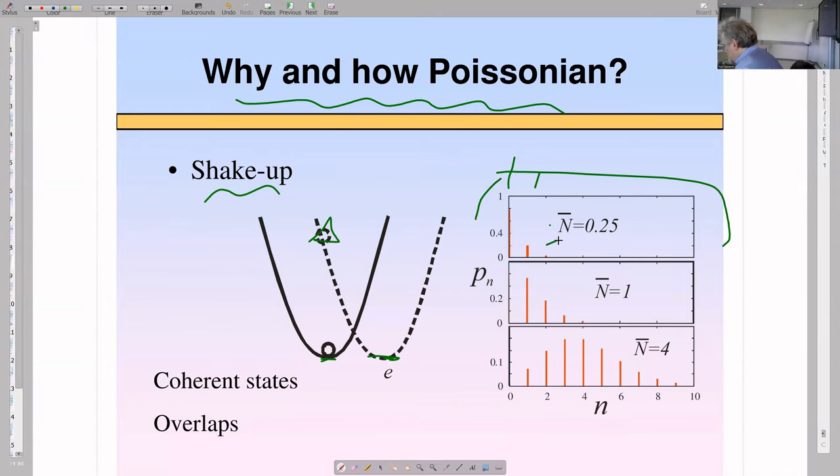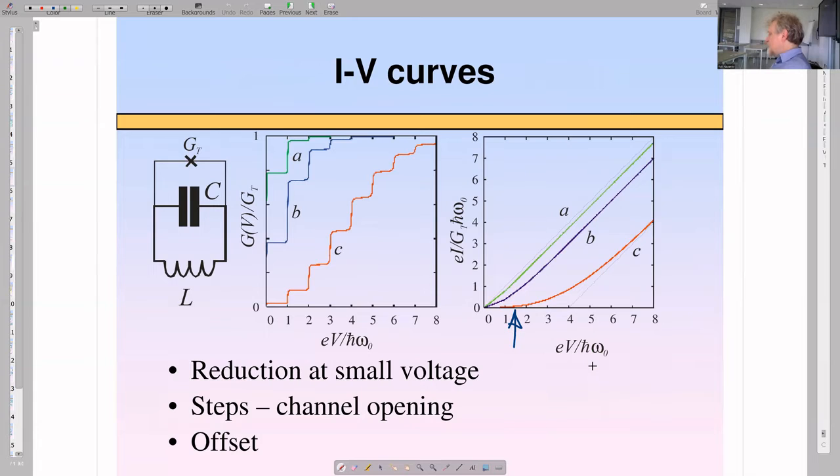At bigger n, the Poisson distribution takes a peak-like shape, centered at the average number of quanta and spread around a bit. All right, that is how it looks. An important parameter is the average number of quanta.